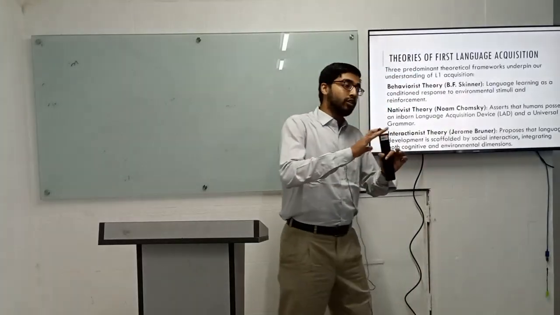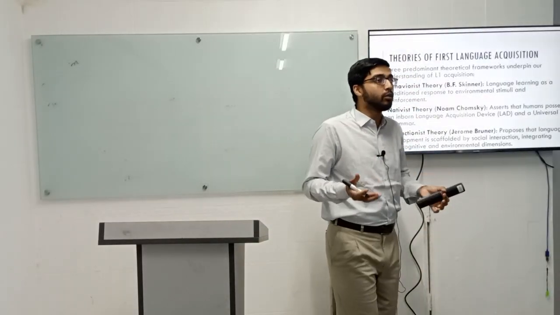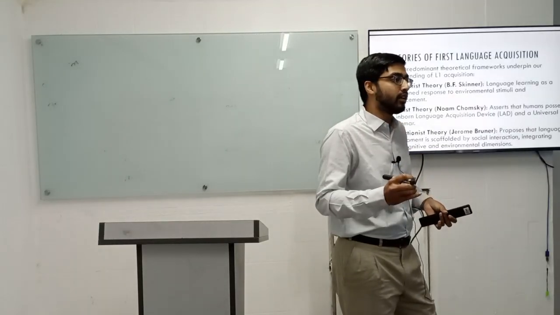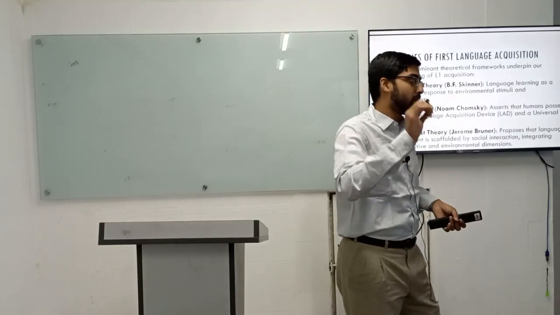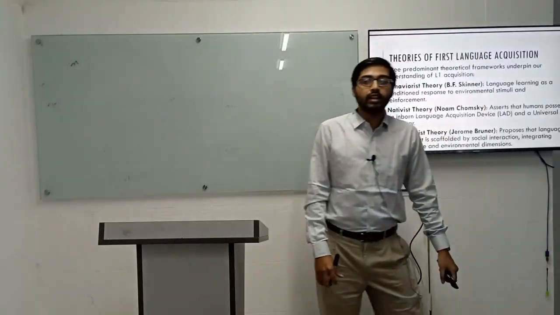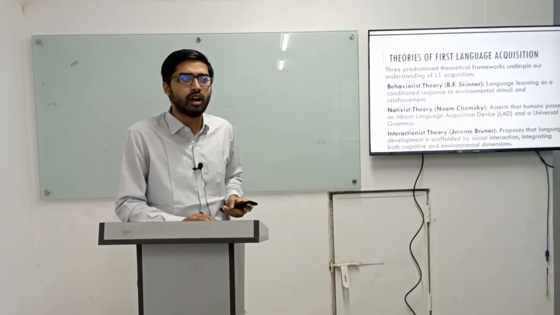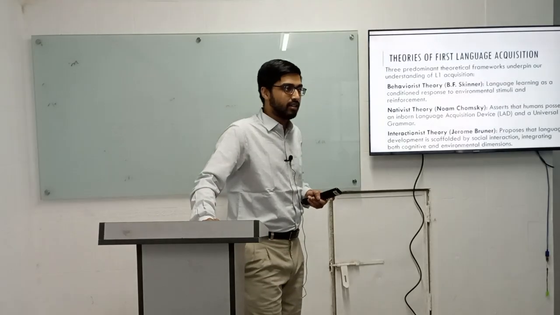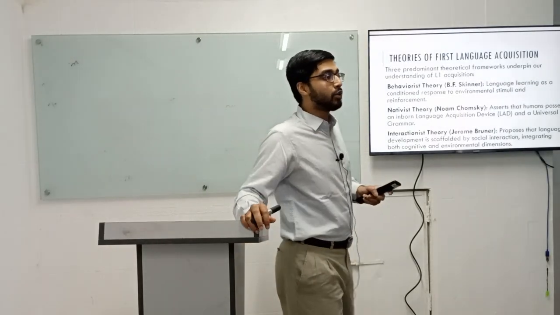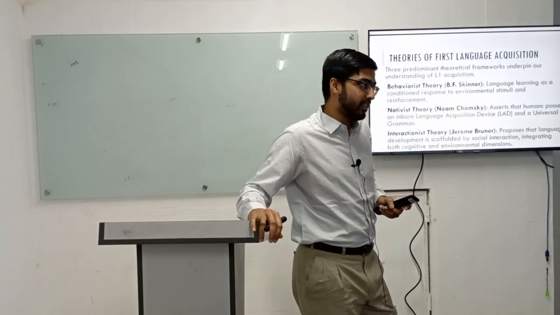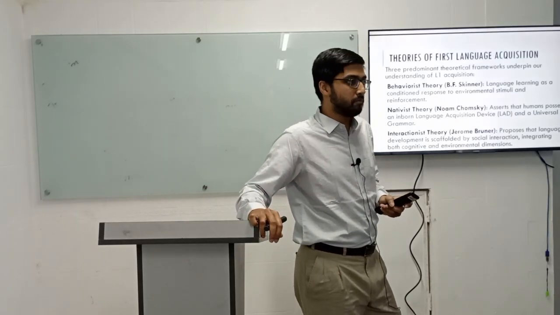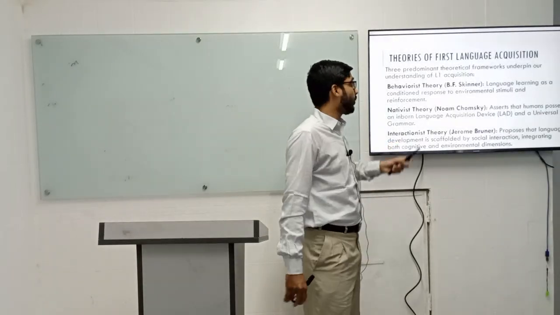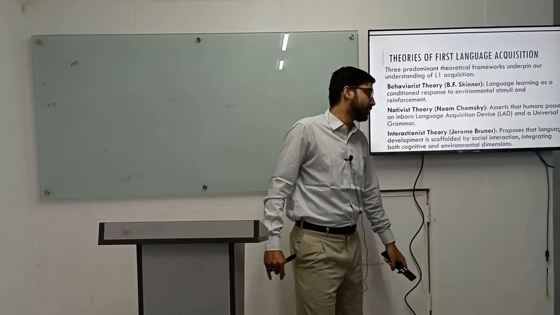So we are not creating a stimulus, but still the child is learning something from our language, because every child likes to act, likes to hear, and likes to act accordingly on what they see. So basically this is the difference between behaviorist theory and interactionist theory.